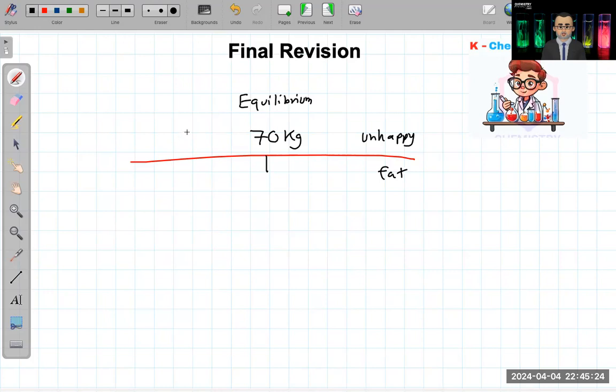And below this one, I will be happy because I am not fat. So I'm asking you, what is the weight that you are happy at? You are not happy or unhappy, you are at equilibrium. I'm neither happy nor unhappy. So you told me you'll find it out as 70.